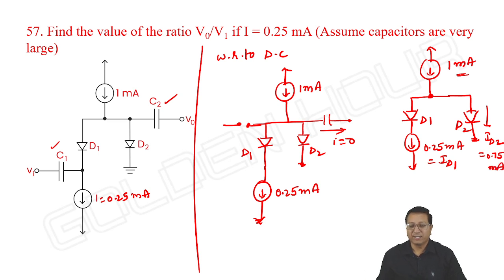Now we have got ID1 and ID2. From that we can find RF1 and RF2. RF1 is equal to eta Vt by ID1. Eta they have not mentioned. Ideality factor by default we take it as 1, and Vt they did not give, we take Vt as 25. So 25 millivolt by 0.25 milli. Milli and milli cancel and it is 100 ohms.